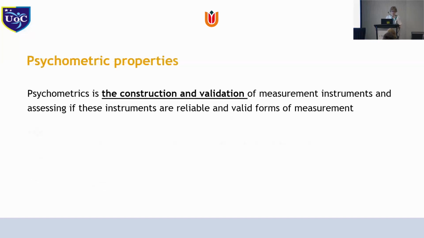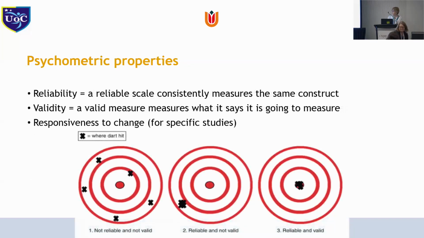Well, and something important with using questionnaires is the psychometric properties. And psychometrics is the construction and the validation of the measurement instrument, and assessing whether these instruments are reliable and valid forms to measure adherence.